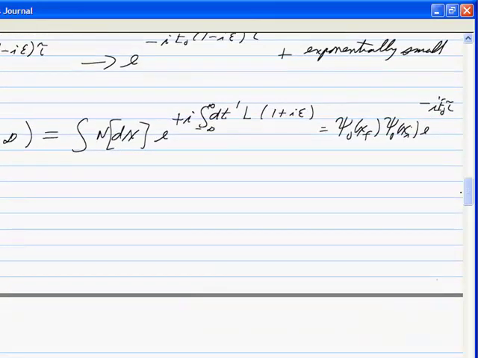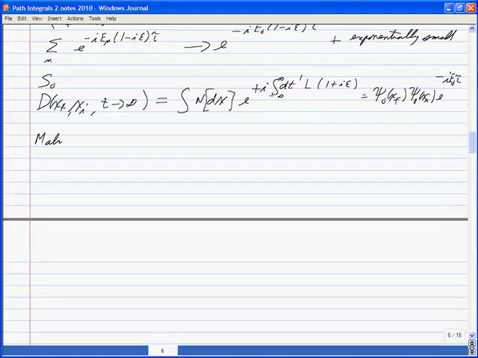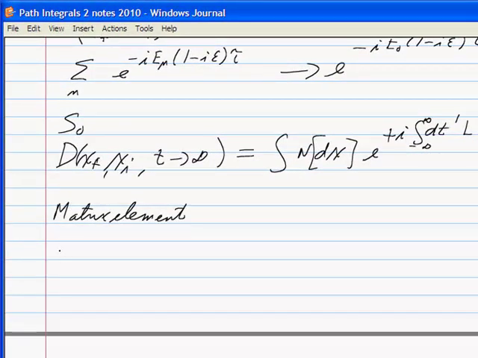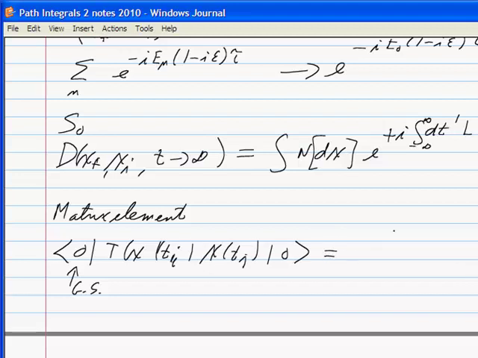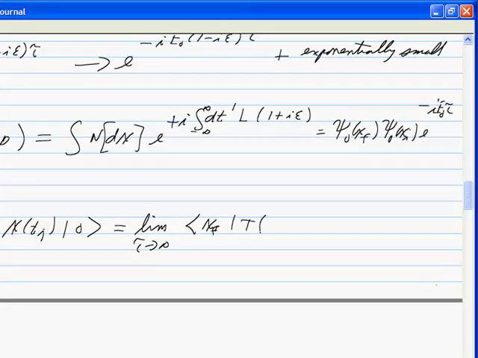And so this lets you take matrix elements in the ground state; all you're left with is the ground state. So if you want the ground state time-ordered x of ti, x of tj, you get that from taking the limit tau goes towards infinity of these matrix elements, x initial, and then you divide out the wave function.